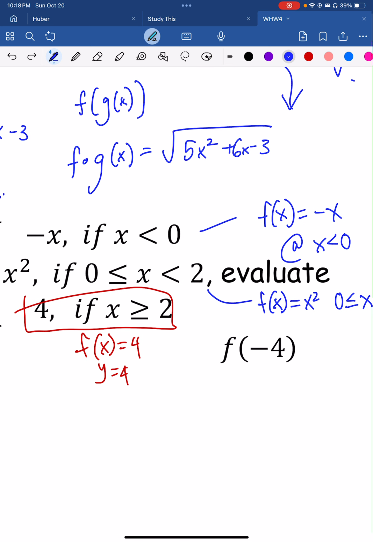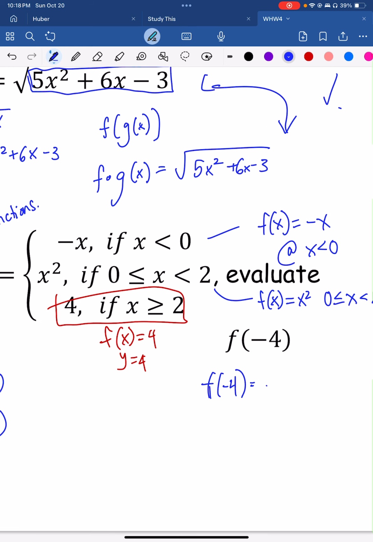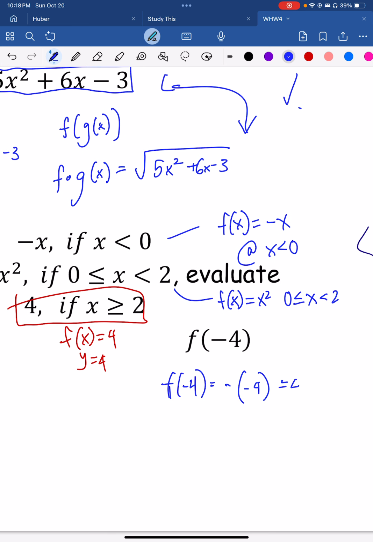You just have to pick the piece of that function that has negative 4 in the domain, which is the first one, negative x, because its domain is x less than 0. So f of negative 4 is equal to negative negative 4, which is positive 4. So f of negative 4 is positive 4.